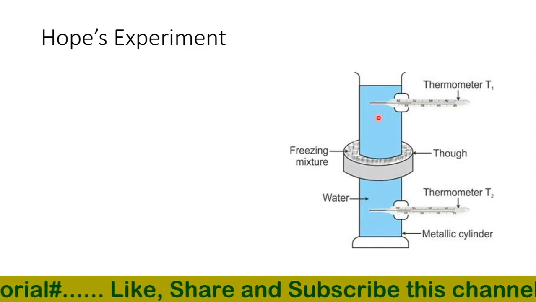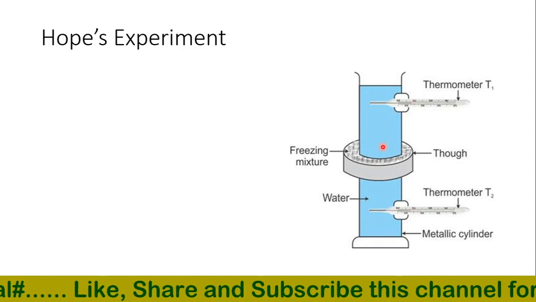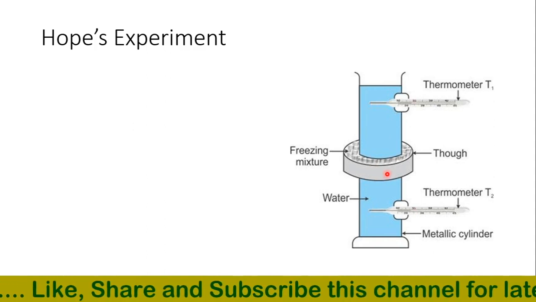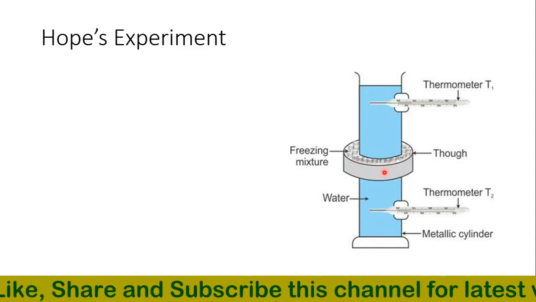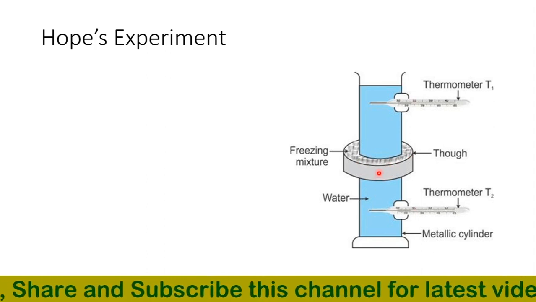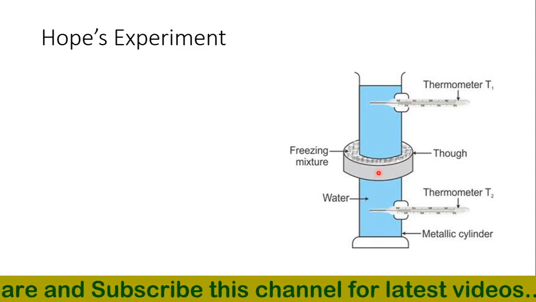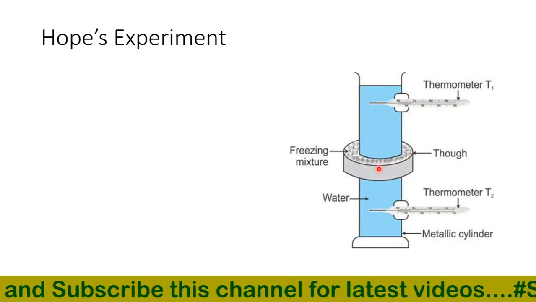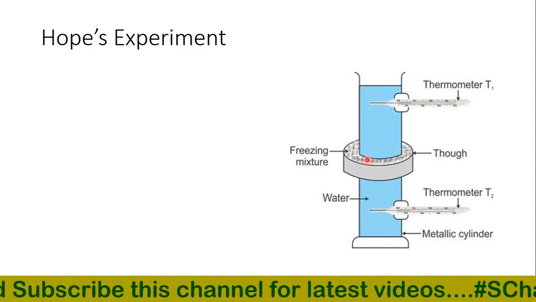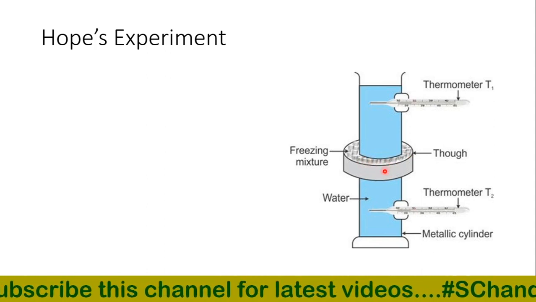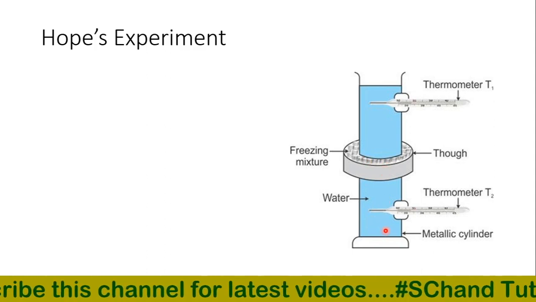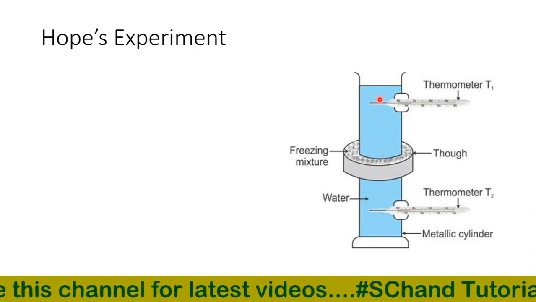Suppose initially the temperature of this water is 10 degrees Celsius. Because of the freezing mixture, the water below it cools, becomes heavier and moves downward, and the warm water starts coming up.